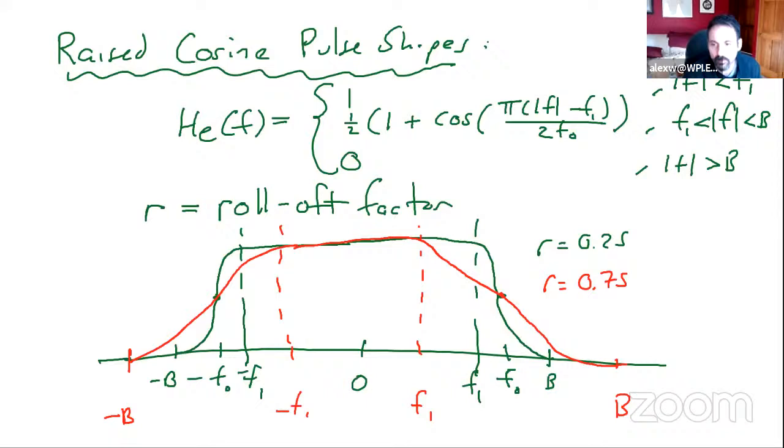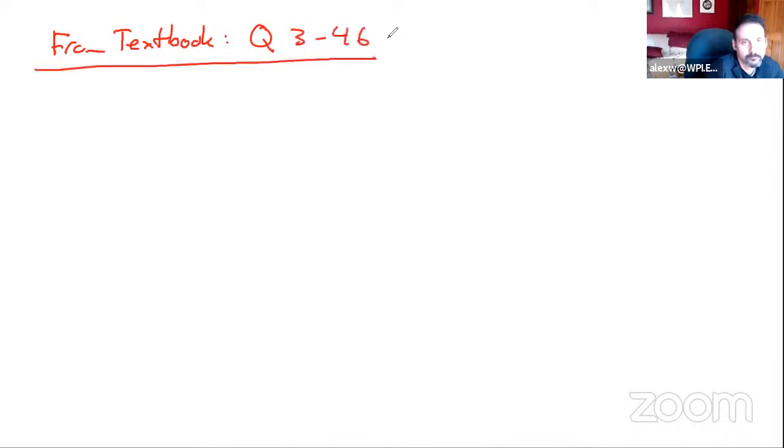Just before we go into lecture 10 and passband waveforms, I want to do, from the textbook, problem 3.46. Okay, and the question asks, find the PSD of a waveform.